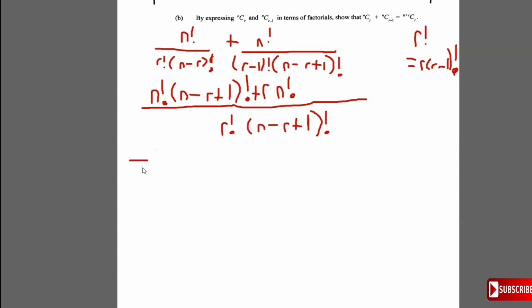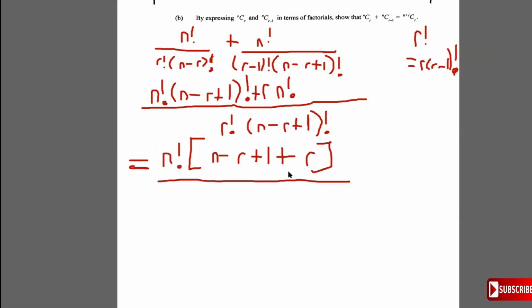So all we need to do is factor out n factorial from the numerator, and you get n minus r plus 1 plus r over r factorial times n minus r plus 1 factorial.